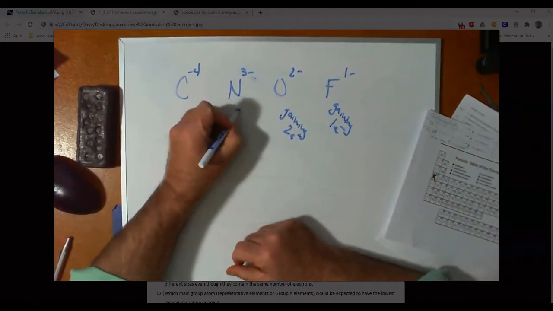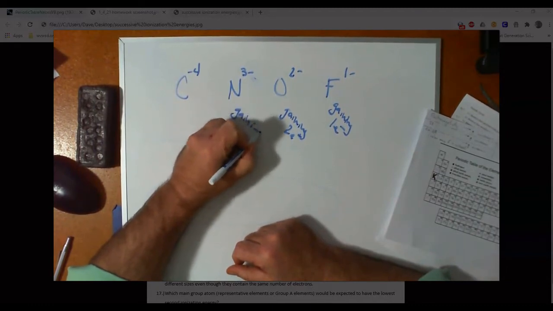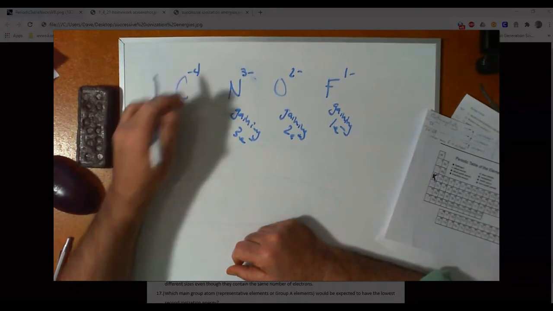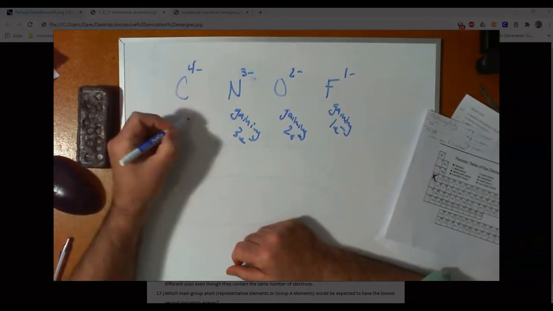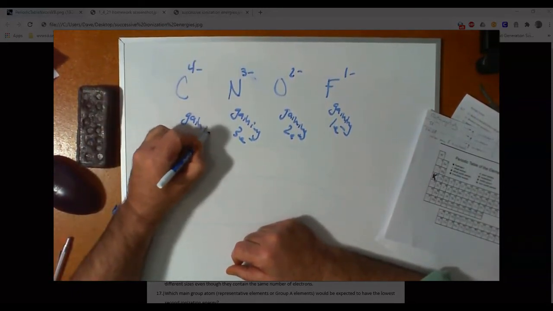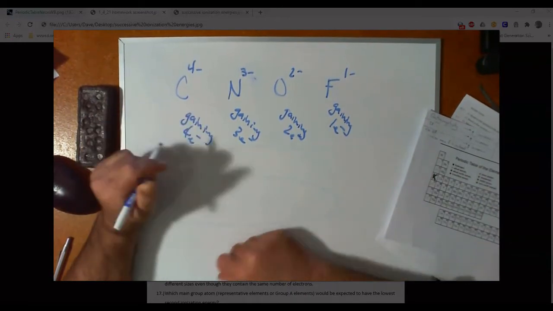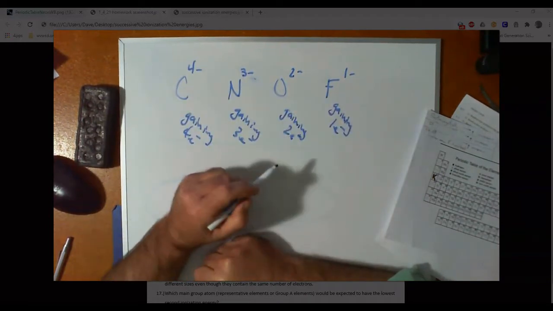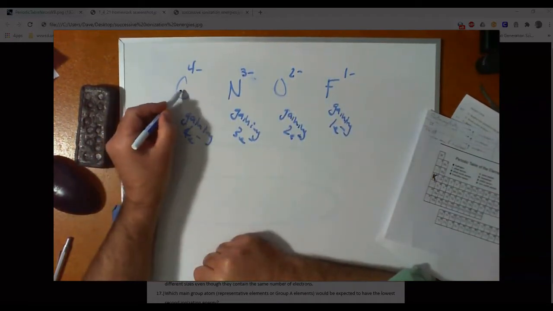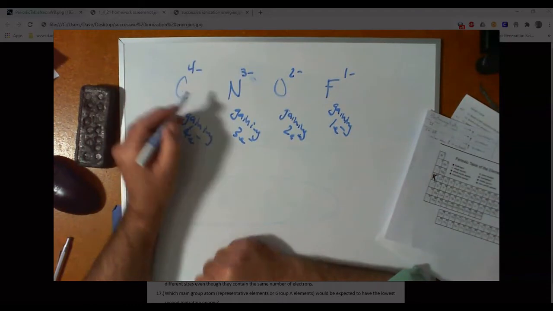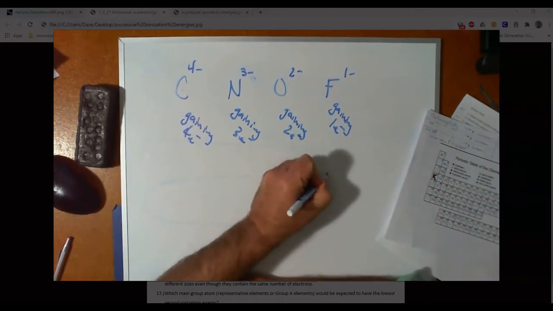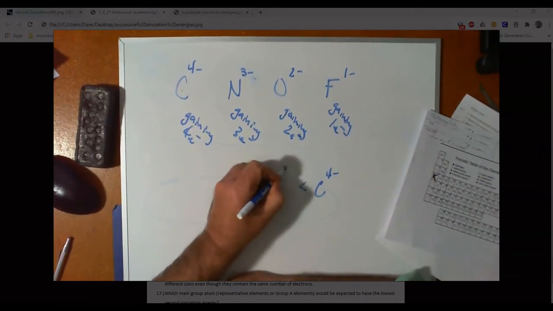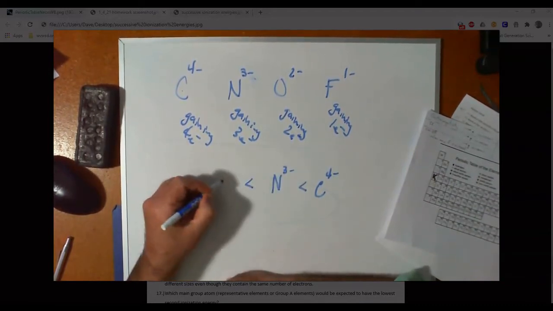Nitrogen 3- would be gaining 3 electrons, and this carbon 4- is gaining 4 electrons. Right. So in this particular case, we would have to say that this 4- carbon is the biggest, and that the others are lesser, and you put them in order by their charge here.